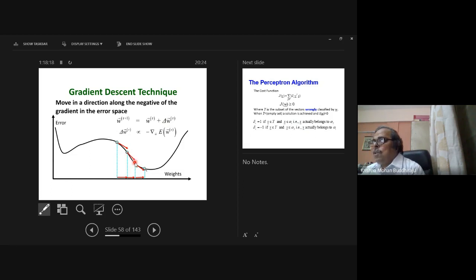Since you are minimizing a function, you are descending in the multidimensional error surface. Suppose this were some kind of profit or gain, you would have moved in the upward direction. We would call it gradient ascent. Here it is gradient descent.